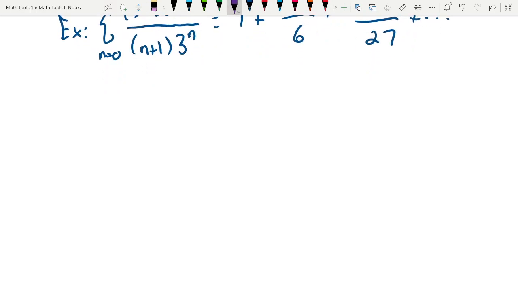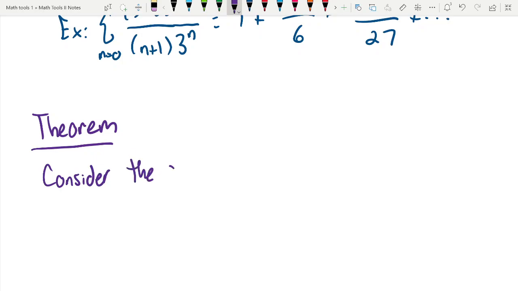So let's just look at this theorem here, which concerns the convergence of a power series. Okay, so consider the series n equals 0 to infinity, c sub n, x minus a to the n, the centered at a version.